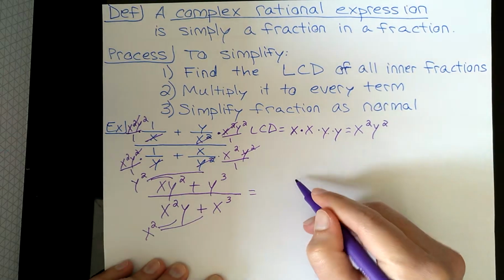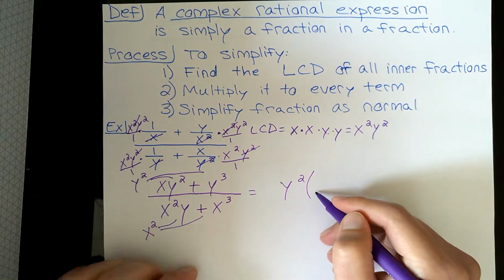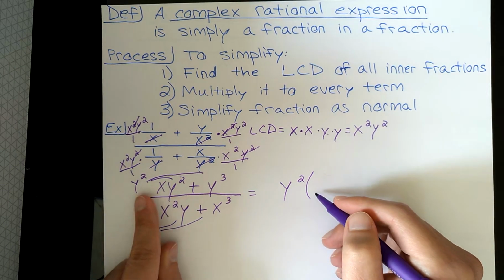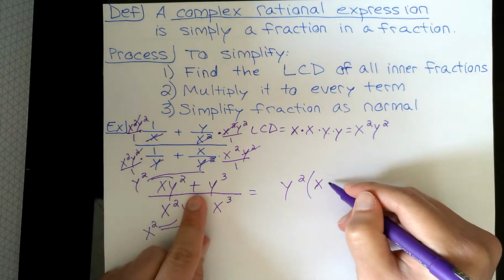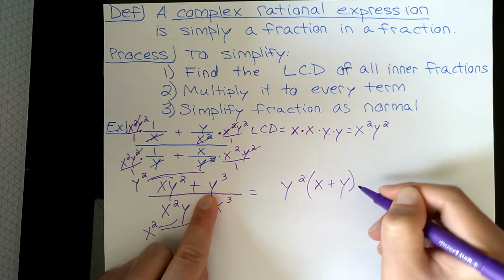which leaves us with y squared times what's left from xy squared if we take out a y squared? Just x. Plus, what's left from y cubed if we take out a y squared? Just y.